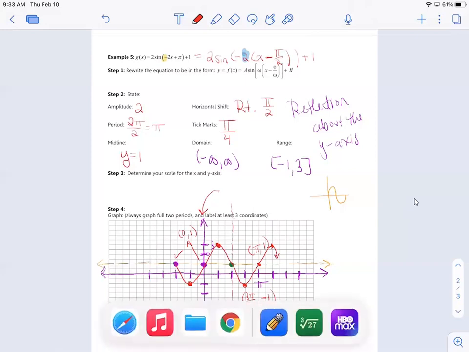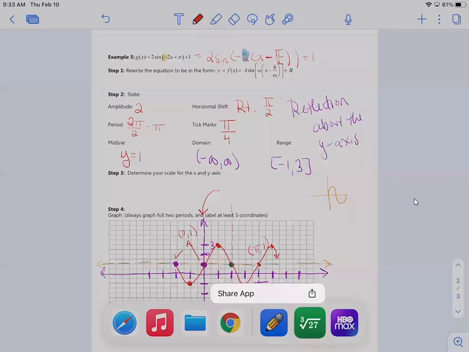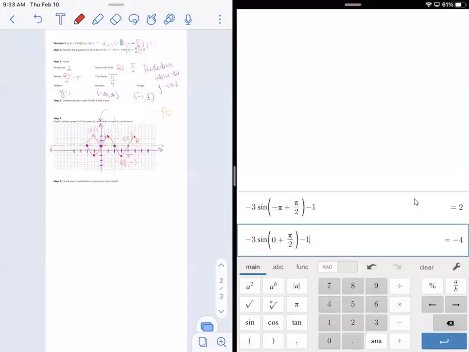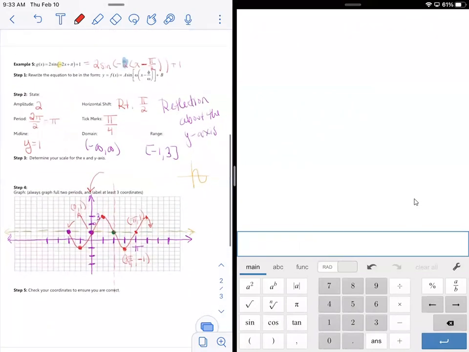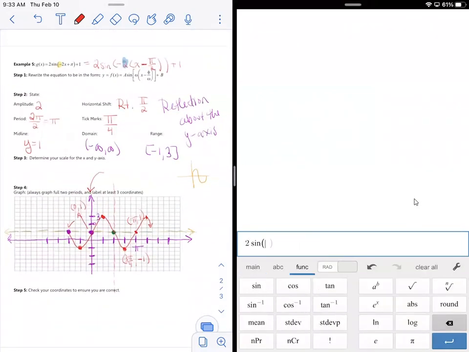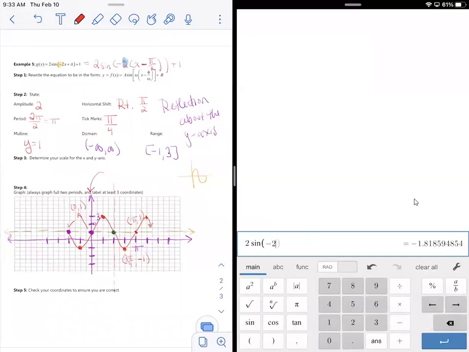And then to ensure that I'm doing this right, I'm going to check some points. All right, so my equation is 2 sine of -2 times, and I'm just going to choose a random point, okay?